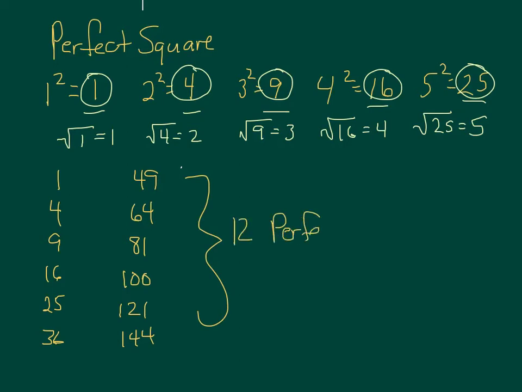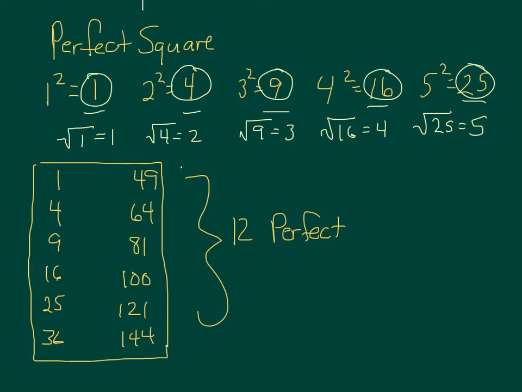Now, of course, there's more, and there's infinitely many more. But these 12 are the ones that we should have committed to memory, because we're going to use these 12 probably more than anything else in what we call simplifying radicals. So let's take a look at some examples of how to simplify a radical.